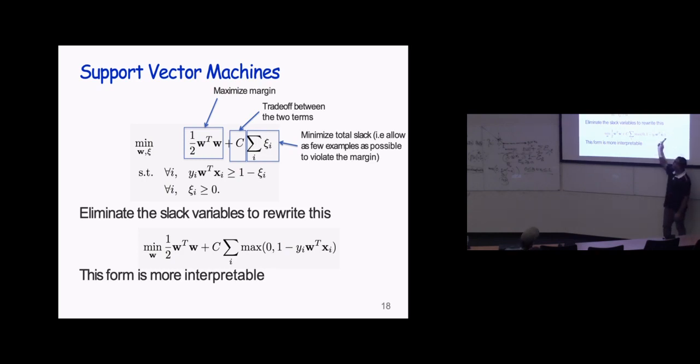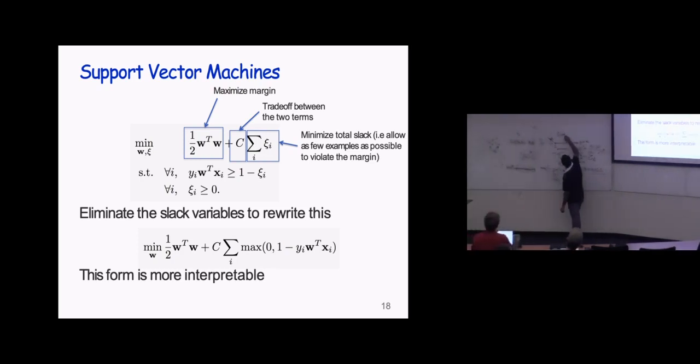And this is a well-known loss term which is called hinge loss. How many of you have heard about hinge loss? Just one? Okay. So this loss function is actually called the hinge loss function.